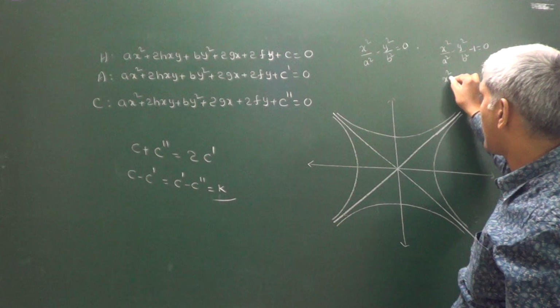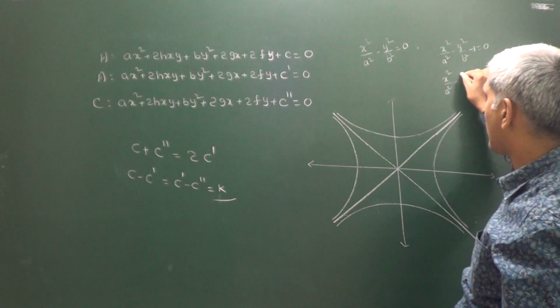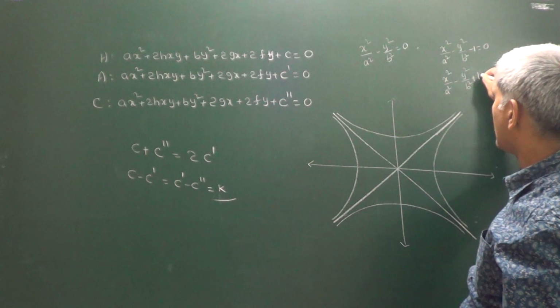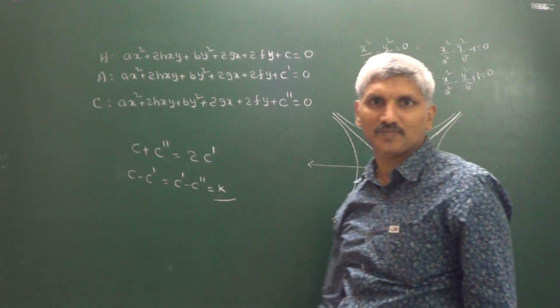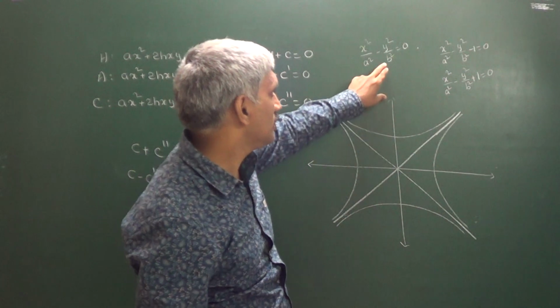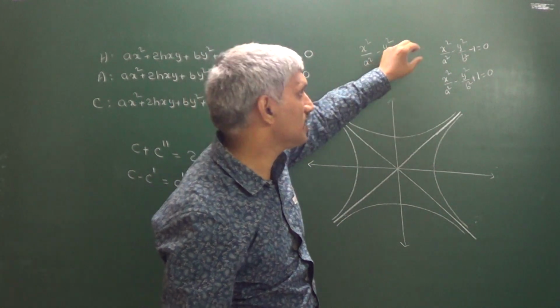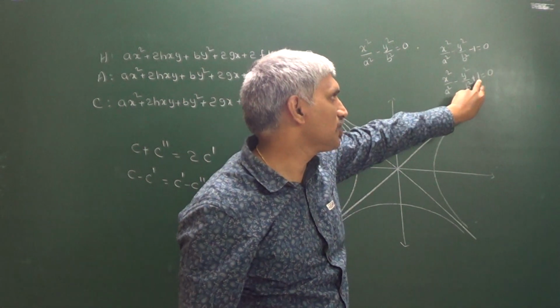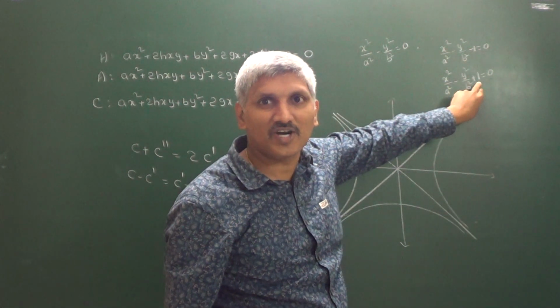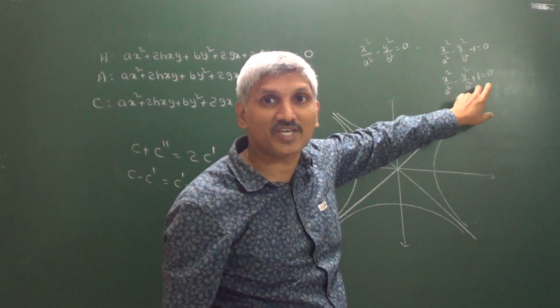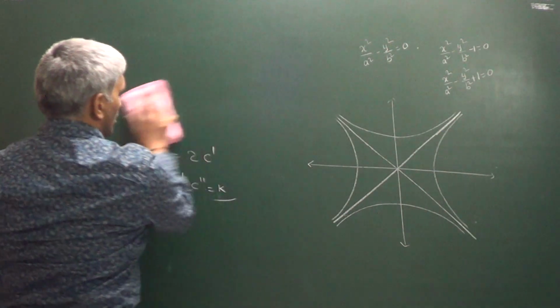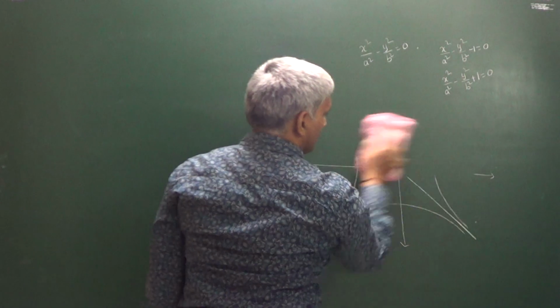Then the conjugate hyperbola is x square by a square minus y square by b square plus 1 is equal to 0. That means for the hyperbola the constant is, suppose, k here, and for the conjugate hyperbola the same constant becomes minus k. So with that information, now we can discuss another important idea here.